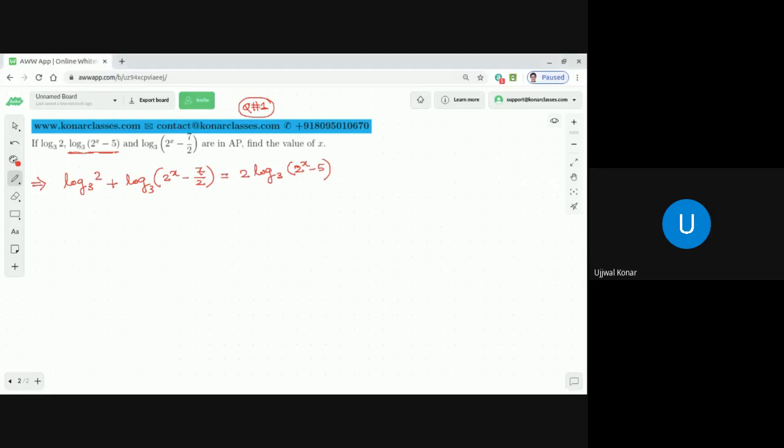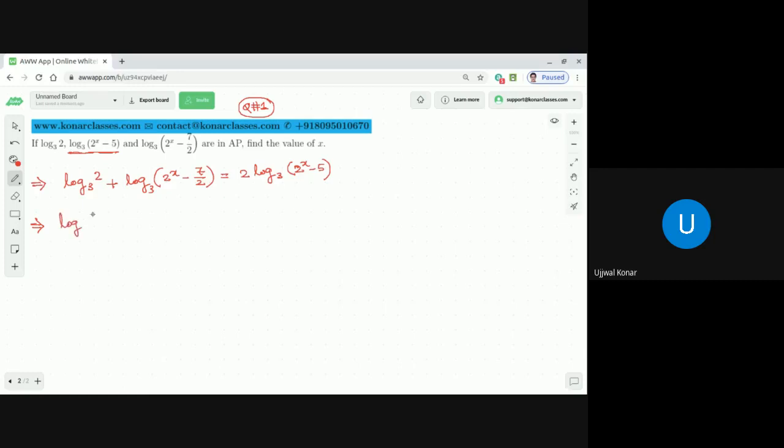On the left hand side, we can say that log of m plus log of n with the same base is log of m into n with that same base.